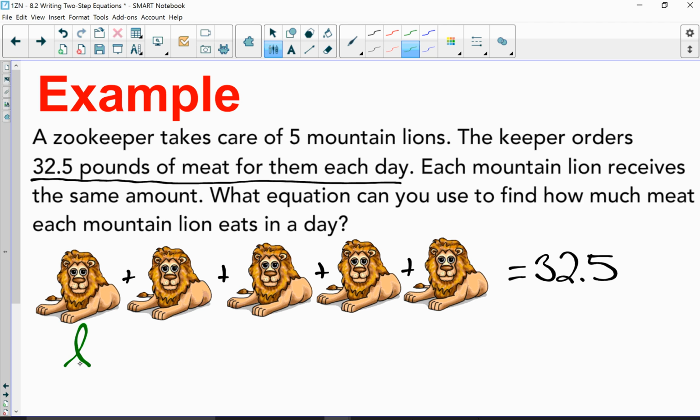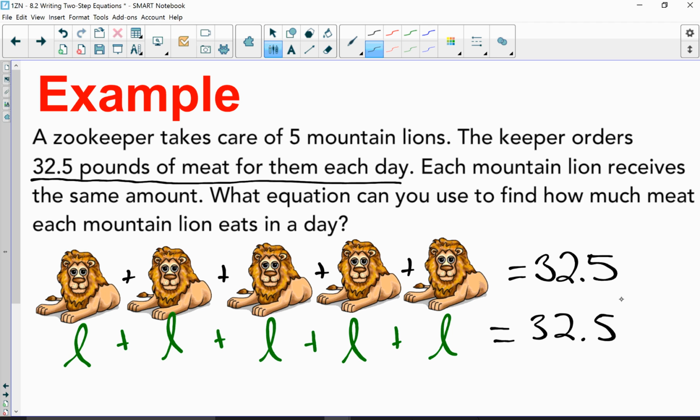And so does this lion, and this lion, and this lion, and this lion. Altogether, they eat 32.5 pounds. How many L's am I adding together? These are all like terms. That's 5 L's, or 5 lions here, and they all together eat 32.5 pounds. And voila, there's my equation.